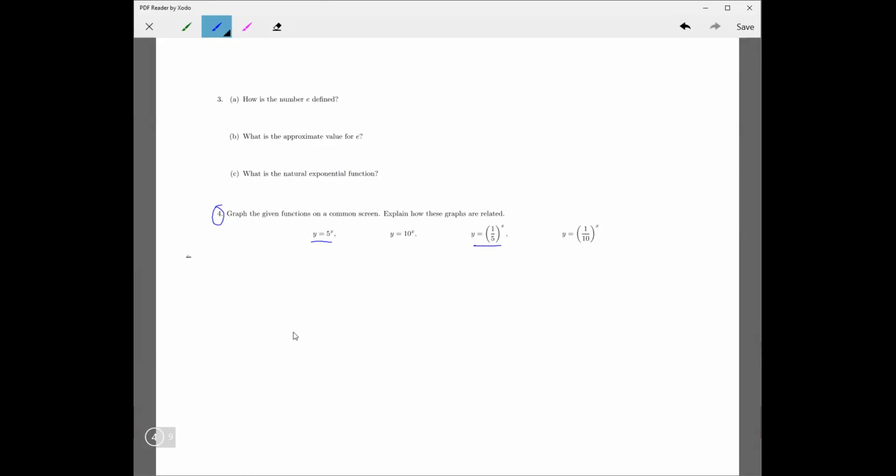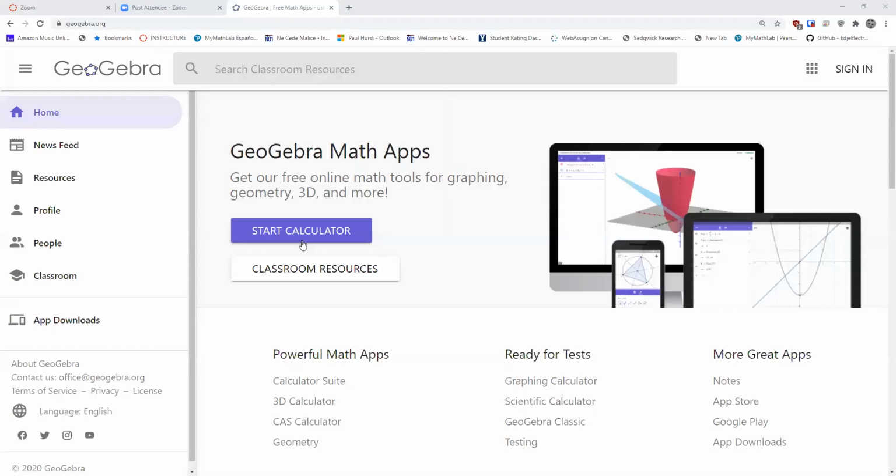Now to graph it, let's go to GeoGebra. I like to use the same program. So you go to geogebra.org and go to the graphing calculator.